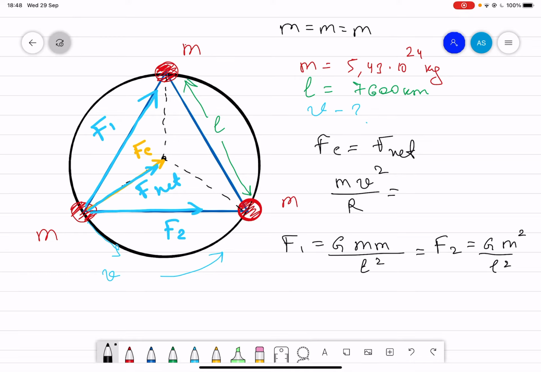Now, since we know F1 and F2, how can we find this force? If it's F1, then we can say F1x. What will be the angle? Angle here will be 30 degrees, and this is also 30 degrees.